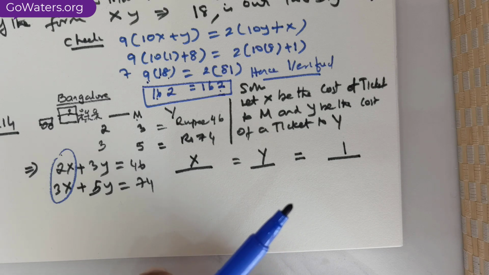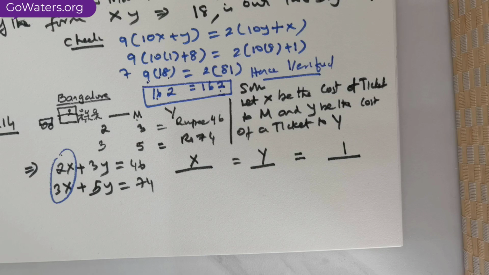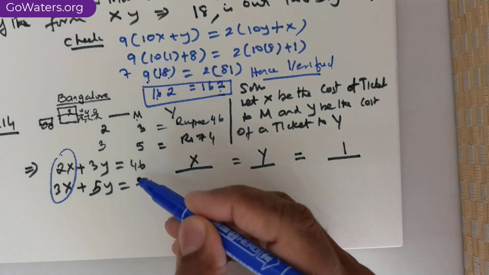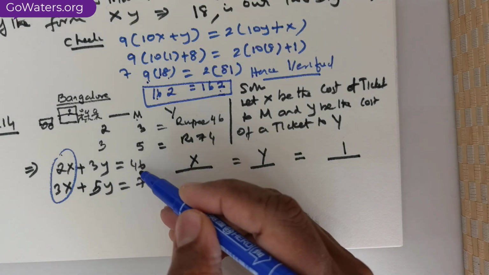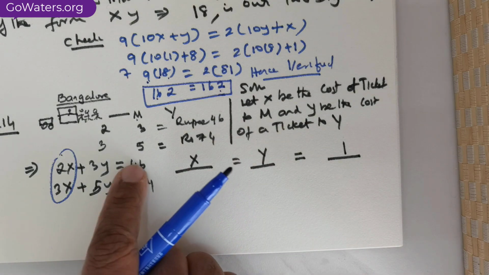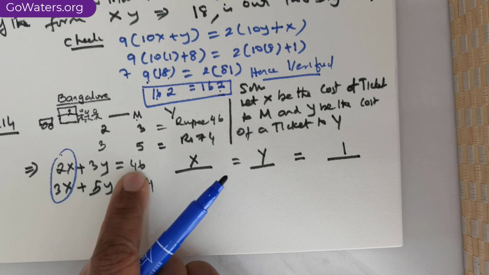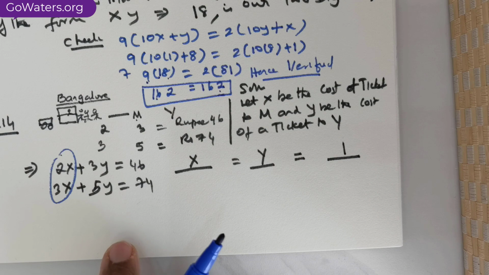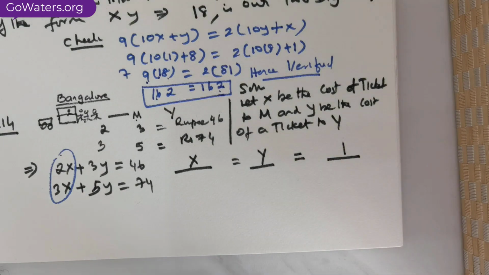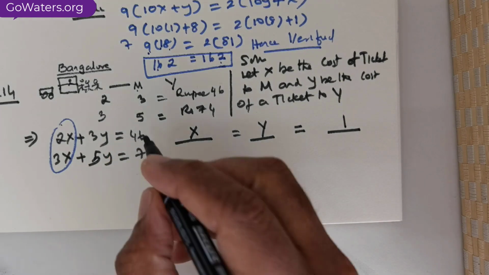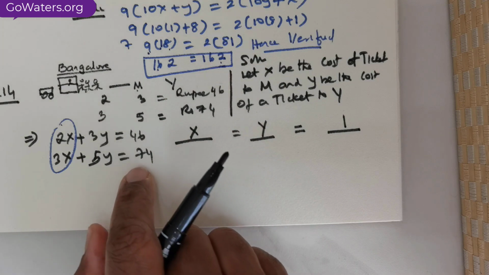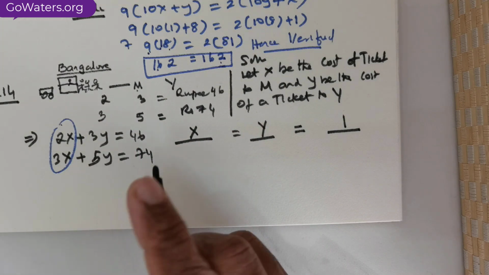Now you will have to make your decision whether to place these values after the equal to sign or bring the values inside. That is your choice. What I would suggest is, if you are keeping it here, then you will have to take a negative sign.